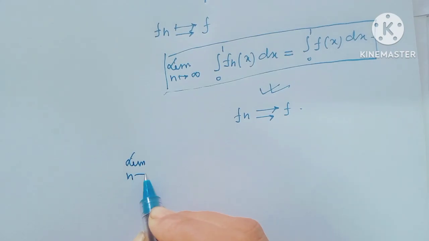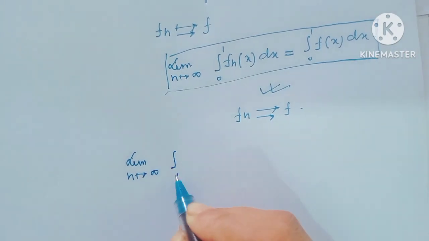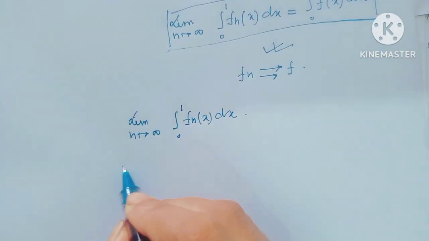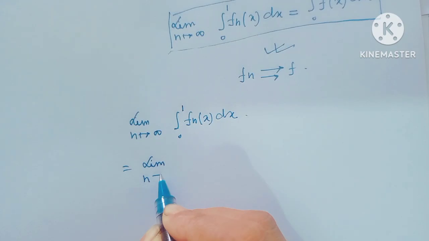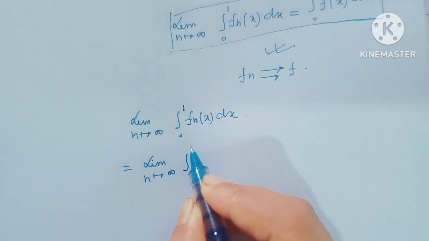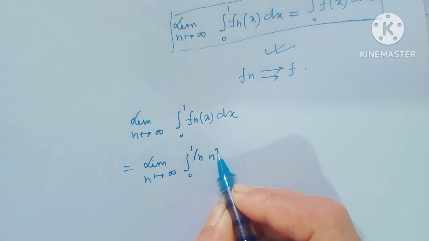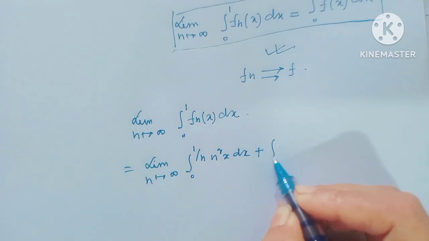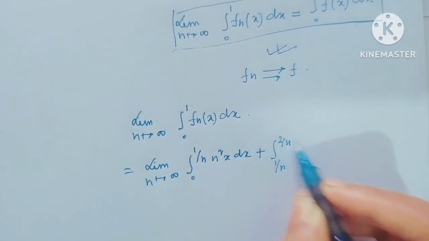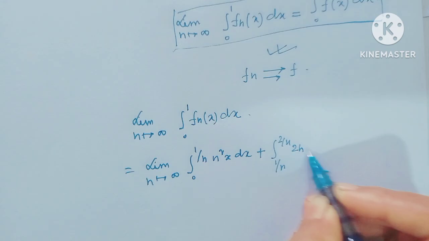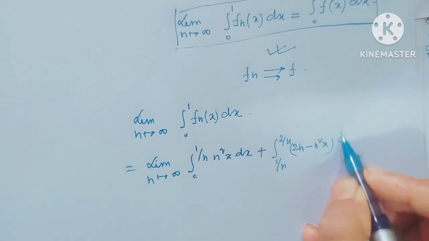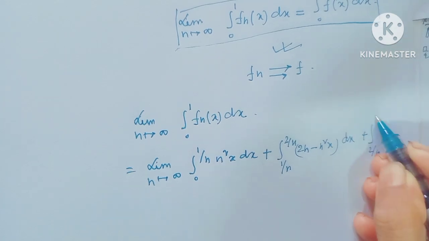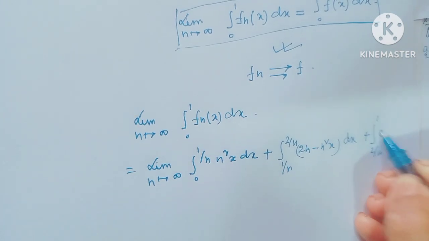The limit as n tends to infinity of the integral from 0 to 1 of fn(x) dx means the limit of the integral from 0 to 1 over n of n square x dx, plus the integral from 1 over n to 2 over n of (2n minus n square x) dx, plus the integral from 2 over n to 1 of 0 dx.